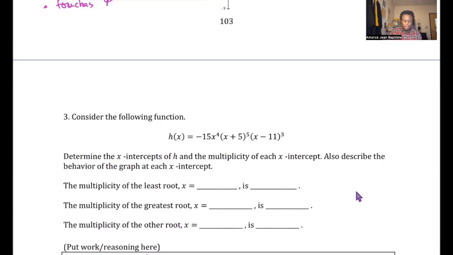So next example here, they want us to consider this polynomial function, this time in the equation format, versus earlier we had the graph of it, but now we have the equation in factored form.